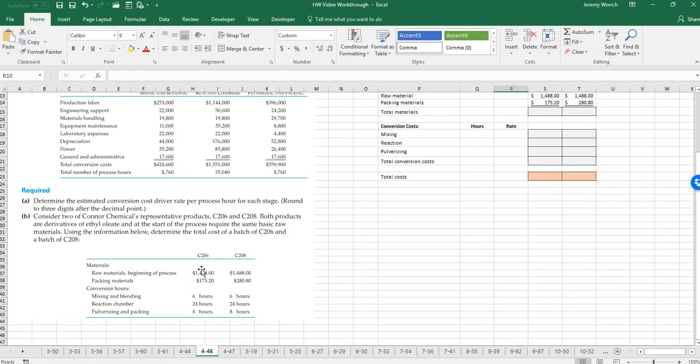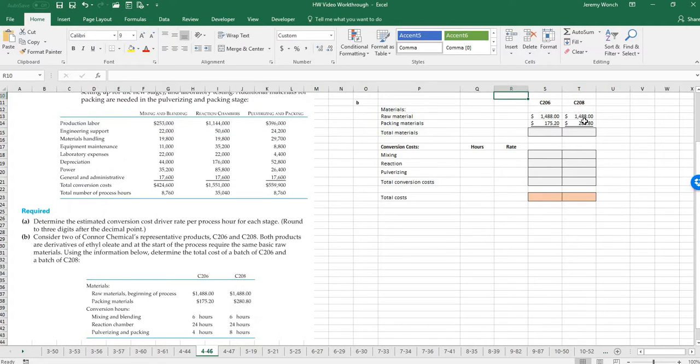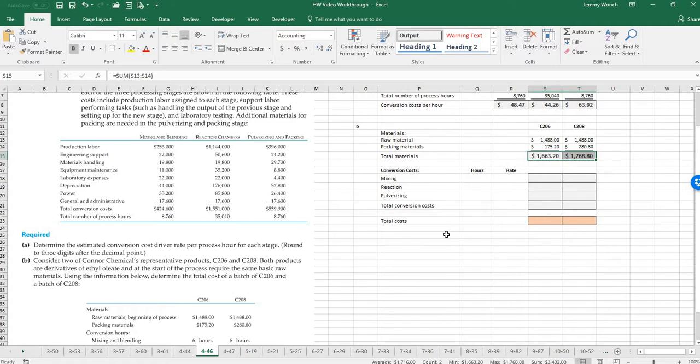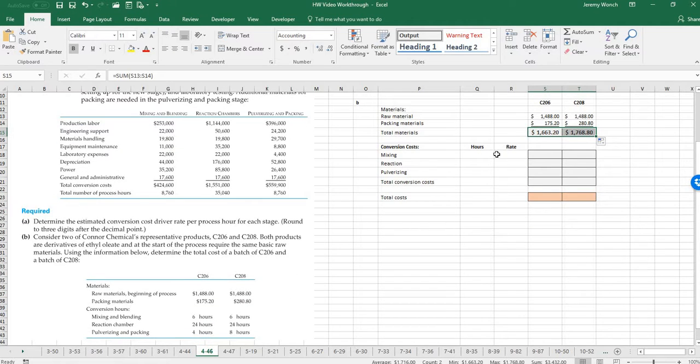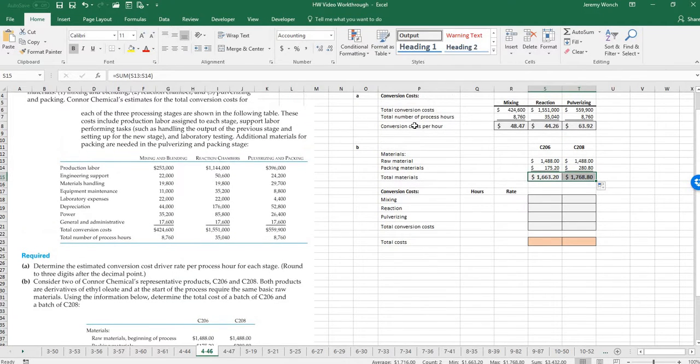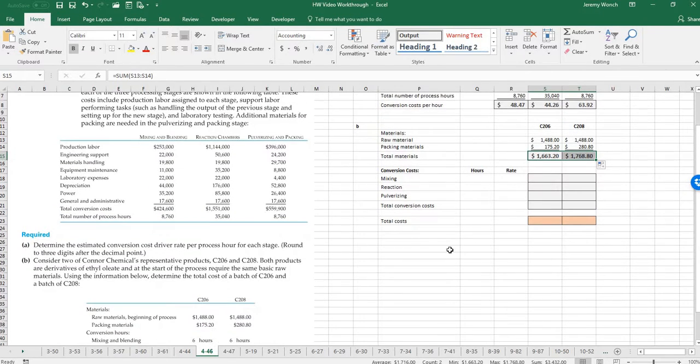It gives us the raw materials used for each one of them, so those are already plugged in here. We can add that up. Now we have to allocate the conversion cost for each one of these processes, and we're going to allocate it based on the number of hours in the process.